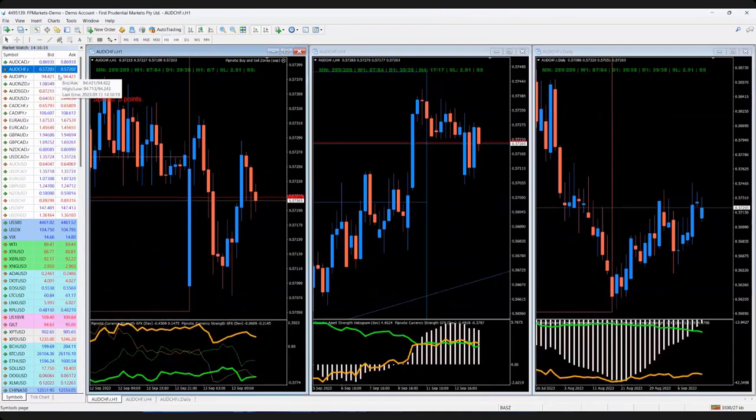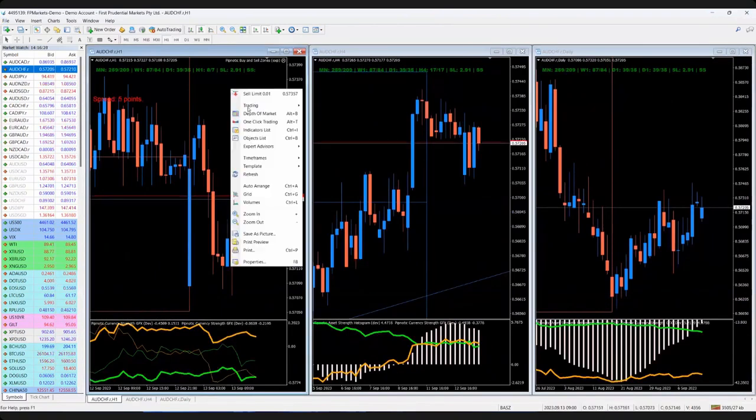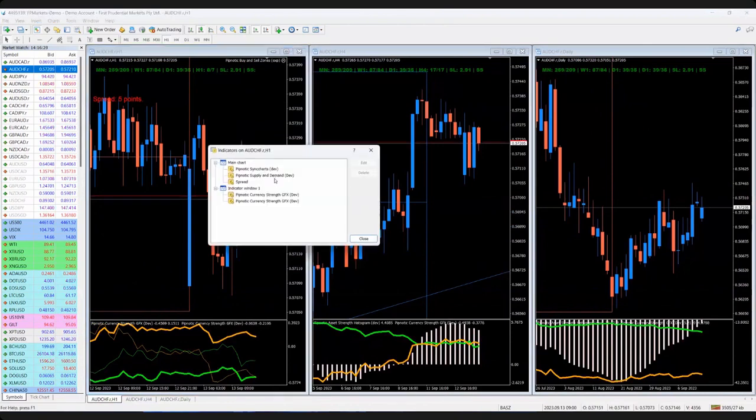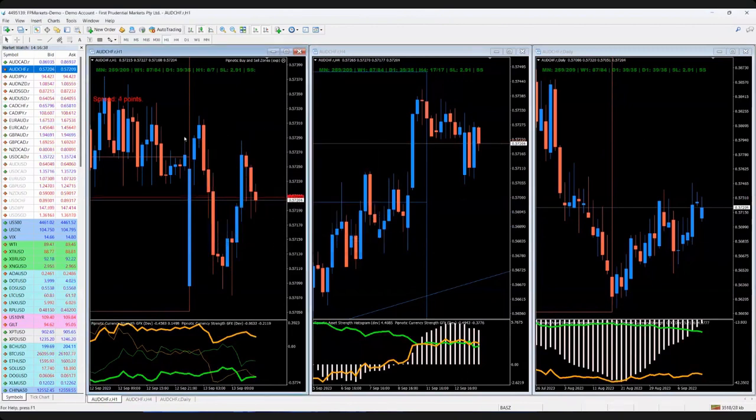So what I'm doing now is, I have my supply and demand software running on all 3 charts. Just to speed things up a little bit, I have Sync Charts, which is a super simple tool that you guys can get if you like, that just synchronizes these 3 charts. So I don't have to move the symbol onto all 3 charts.